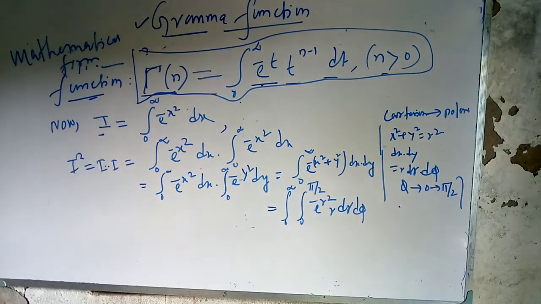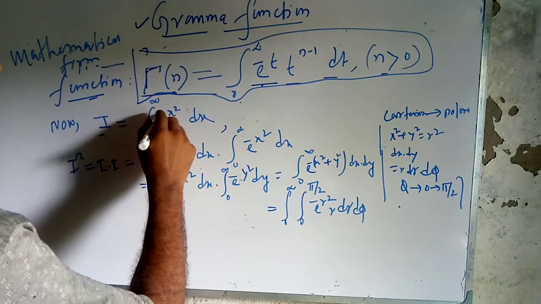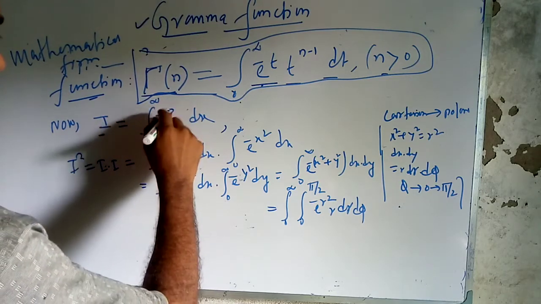Let us see, I equals the integral from 0 to infinity of e to the minus x square dx.